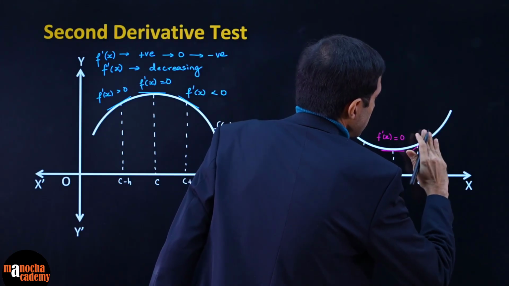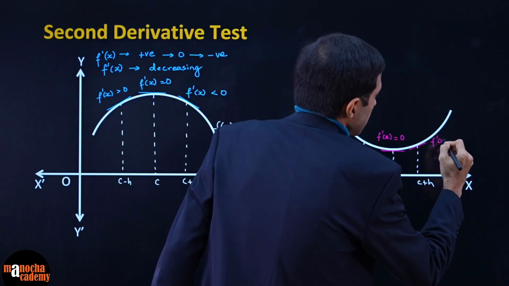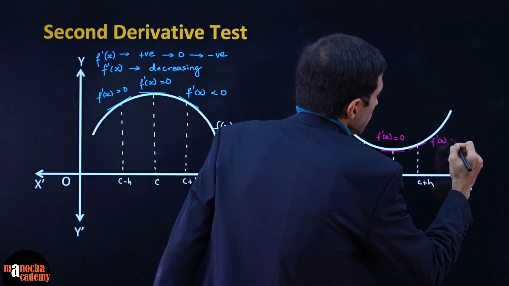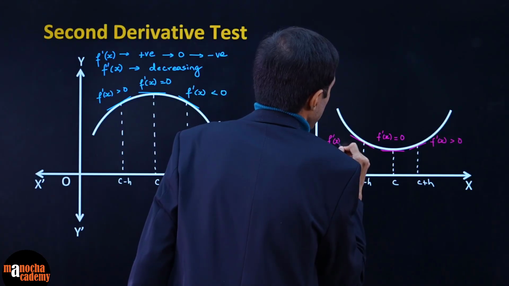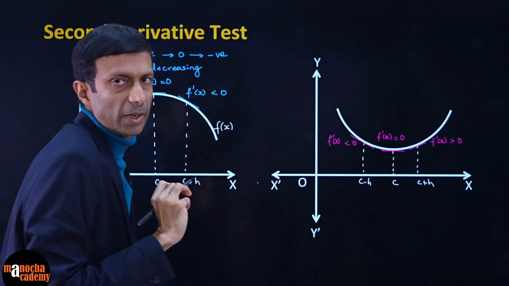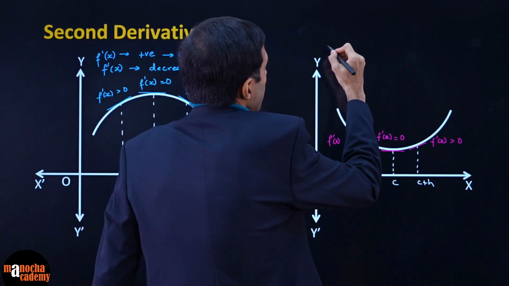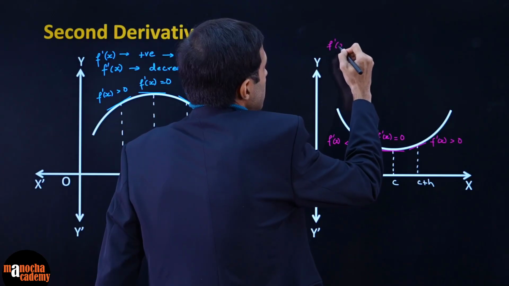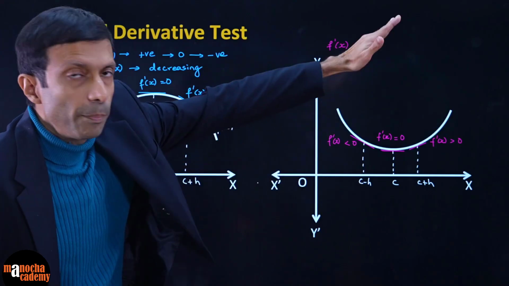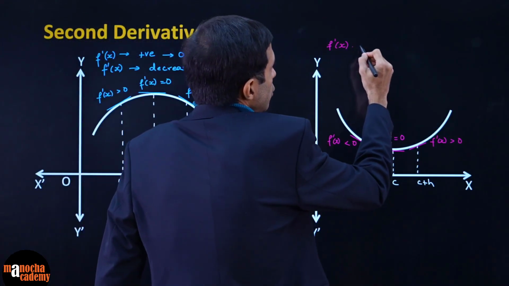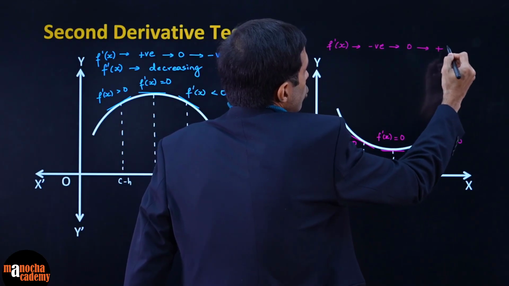To the right side, f'(x) is positive, greater than 0, and to the left side, the slope is negative. That's pretty clear, we have looked at it multiple times. So again, focus on f'(x). In the minima case, first it is negative, then 0, then positive.